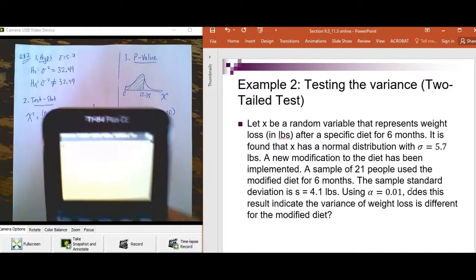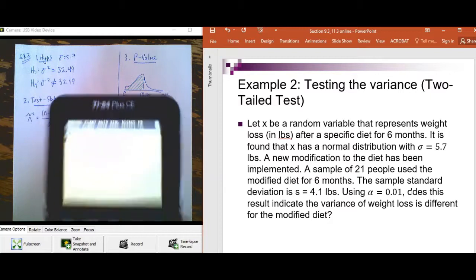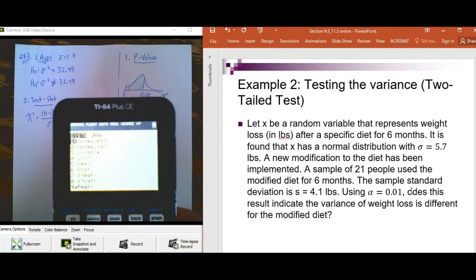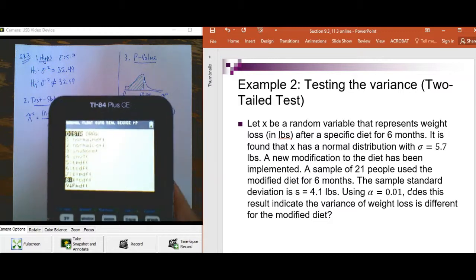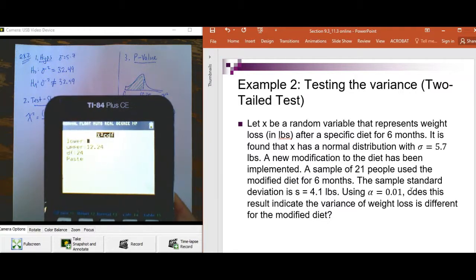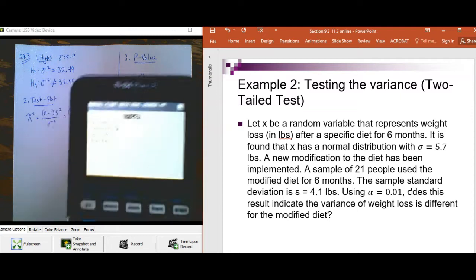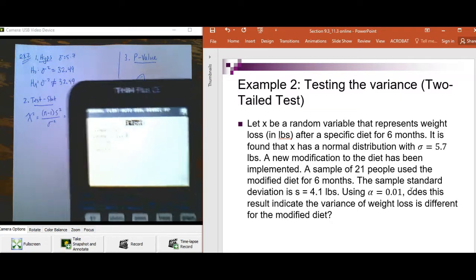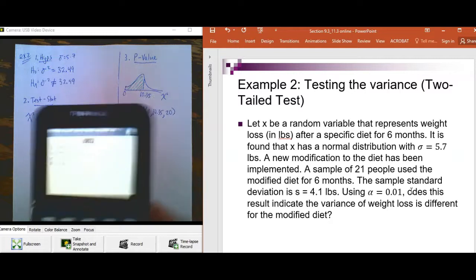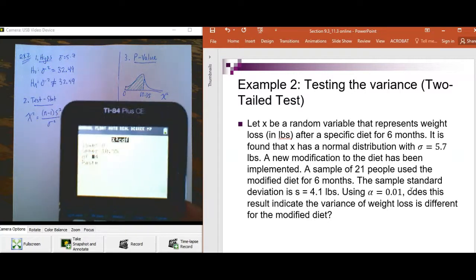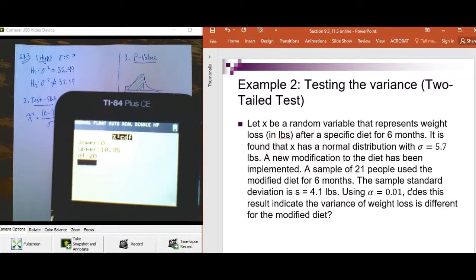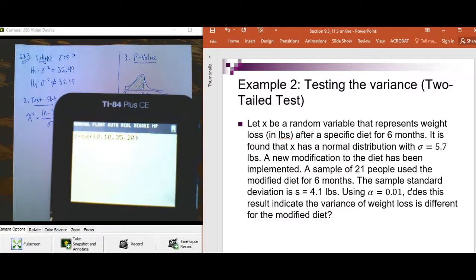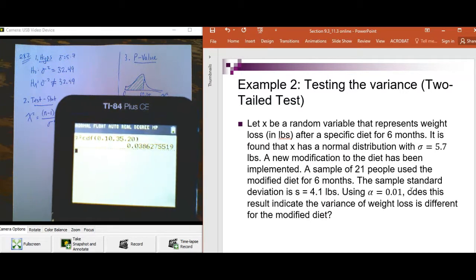So again, we're going second distribution, down to chi-square CDF. Put our new test stat in there. And our degrees of freedom.